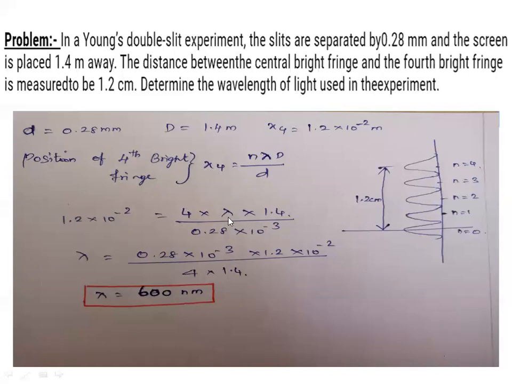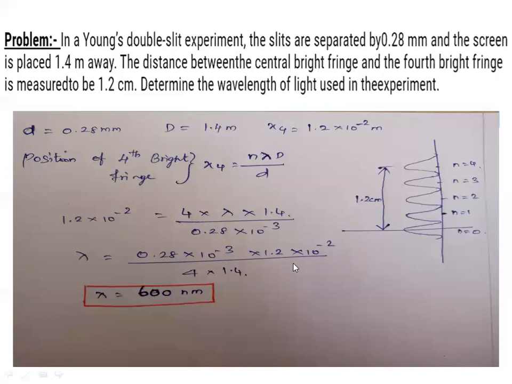So we want the value of lambda. What we have to do is this lambda goes to the other side and this 1.2 goes to this side. So the lambda will become a reciprocal. So 0.28 into 10 to the power minus 3 will go up, and this x4 value comes as a multiplication, into 1.2 into 10 to the power minus 2, divided by 4 into 1.4.